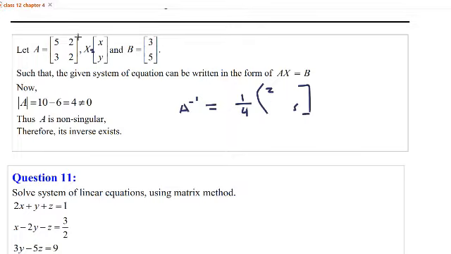And then change the signs. So here we'll write minus 2 and here we'll write minus 3. So this is A inverse, and once you multiply this A inverse with this B, you will get X and Y.